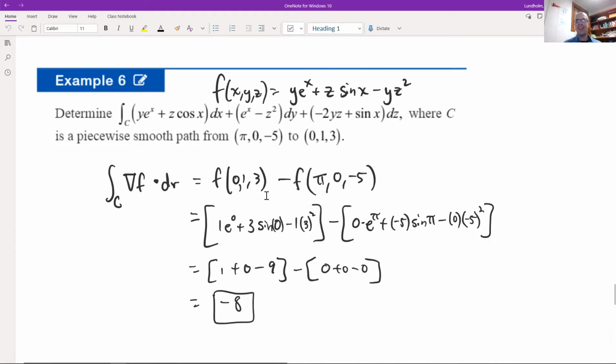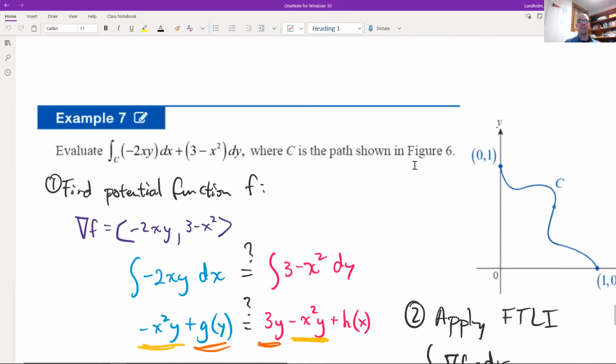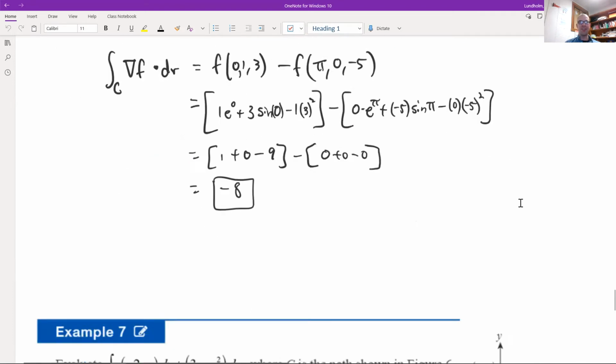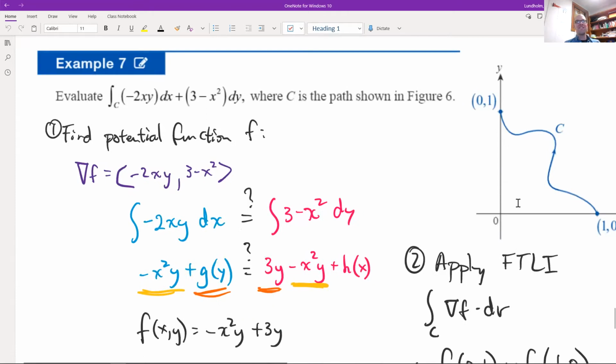So it's just an application of the fundamental theorem for line integrals. And that's super cool. One more, and then that's the end. So there's that. I'm moving on. Example 7. Final one.